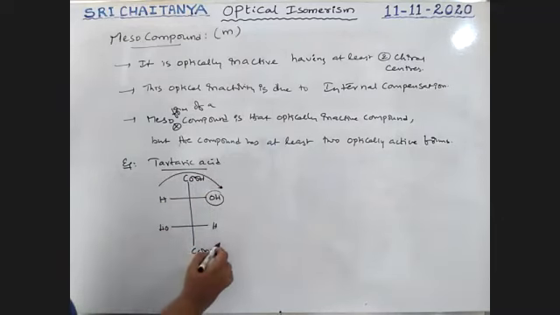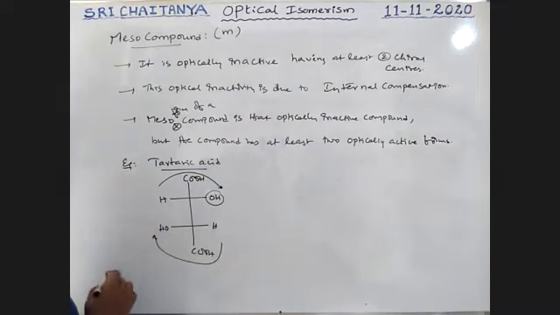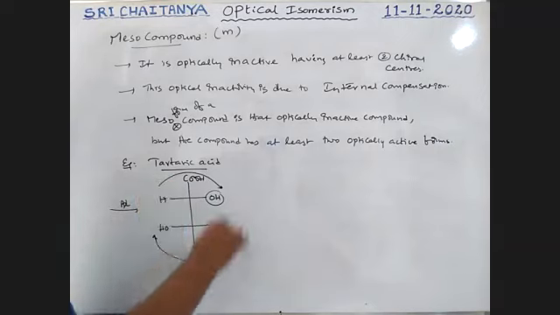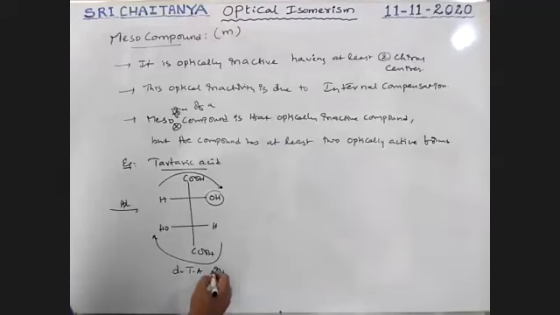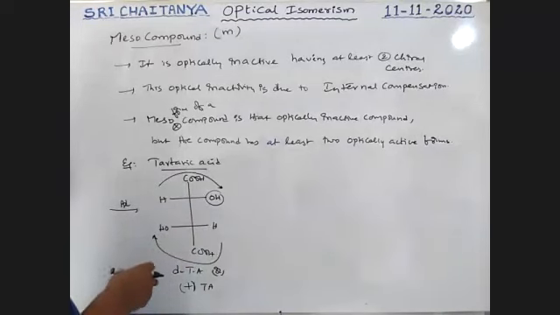If plane polarized light is passed through this compound, the overall rotation is clockwise. Therefore, it is a dextrorotatory compound. That's why it is called D-tartaric acid, which is also called plus tartaric acid. Overall, the compound rotates clockwise.